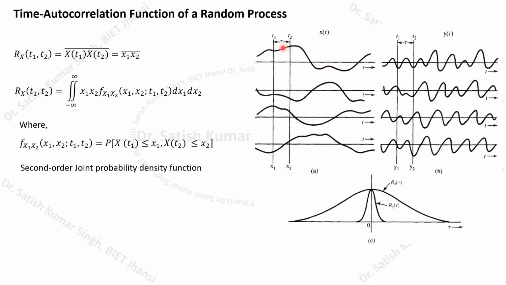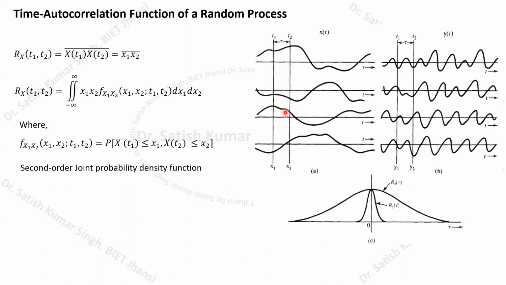And then in the similar way, we have to calculate these values for all other sample functions. Let us say we have considered a total of 4 sample functions in this example. At t equals T1 and t equals T2, we have to calculate the values of the random function X(t). First we calculate this value and this value, then multiply them together; then again this value and this value, multiply them together; again this value and this value, calculate the product; and then again multiply them together.